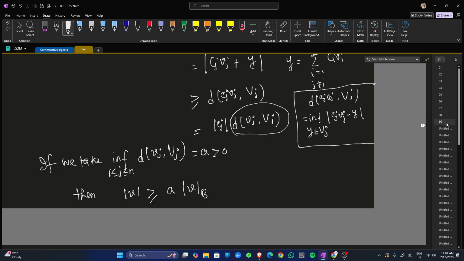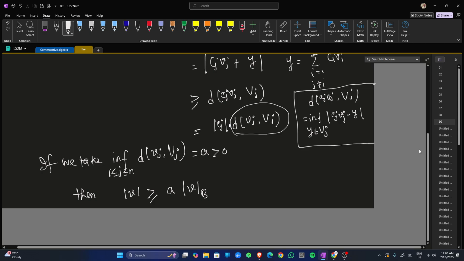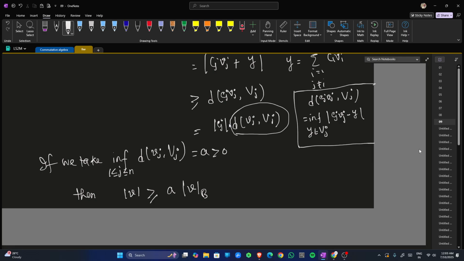It is maximum, so I want maximum here. So if I take the infimum, or is it supremum? It is infimum that works, right? Yes, infimum works. So we establish the reverse inequality too.